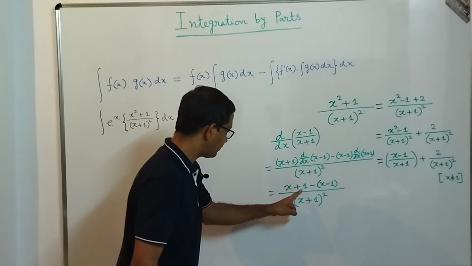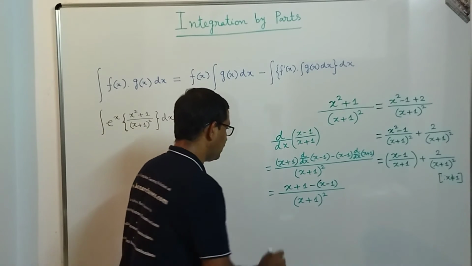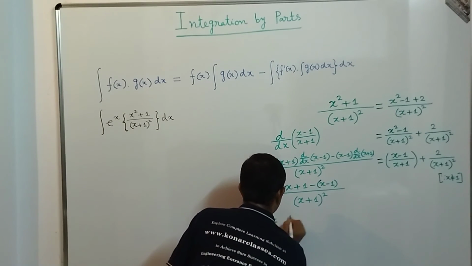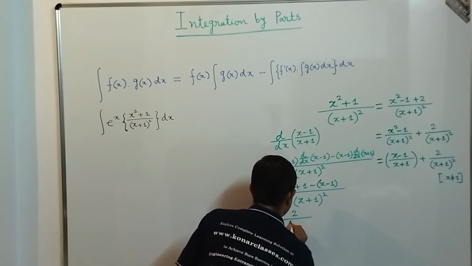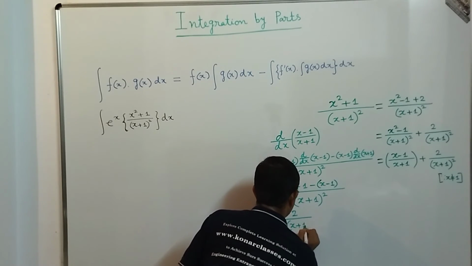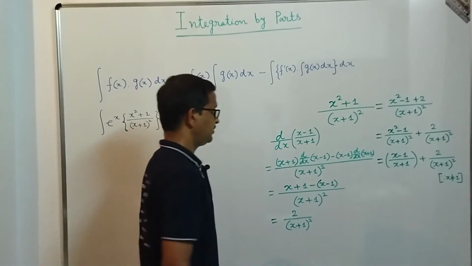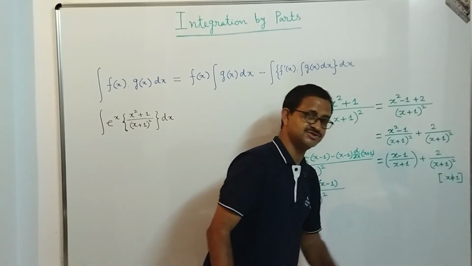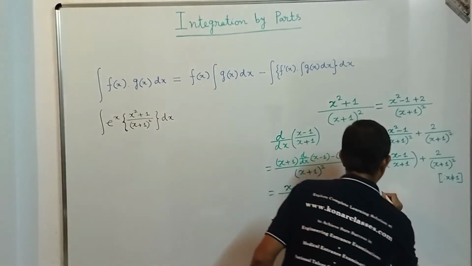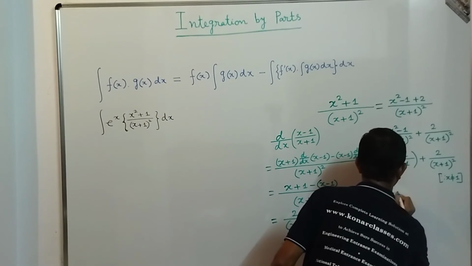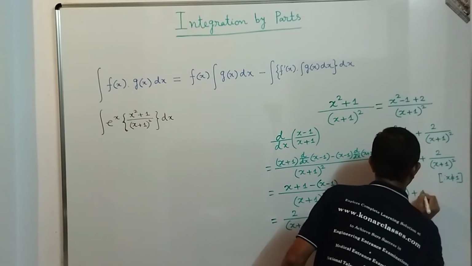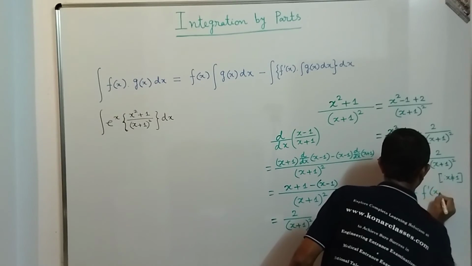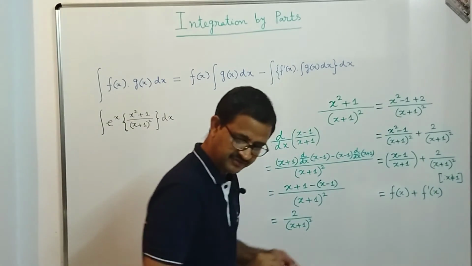So (x + 1) minus (x − 1), that is equal to what? That is equal to 2/(x + 1)². So what we get? That differentiation of this function is this function. So we can easily write this is equal to f(x) plus f'(x), in which f(x) is nothing but this function.